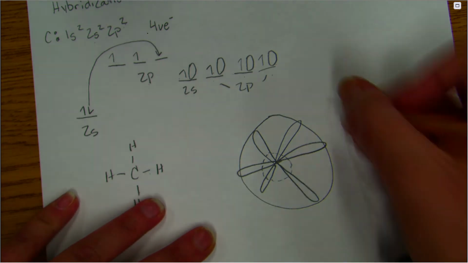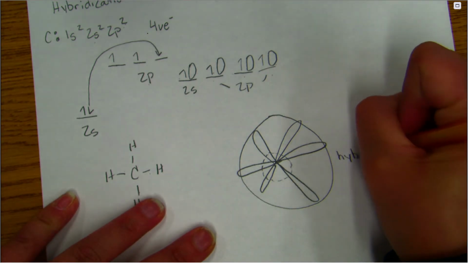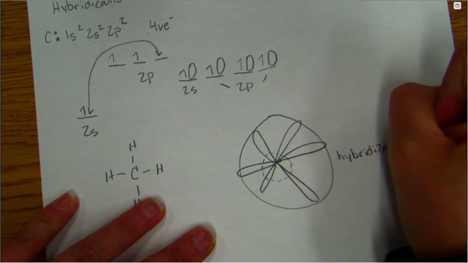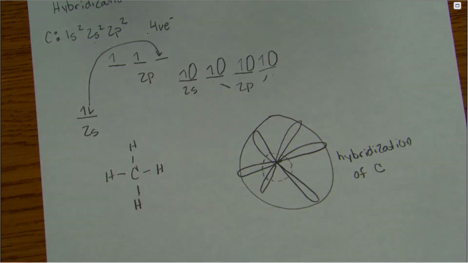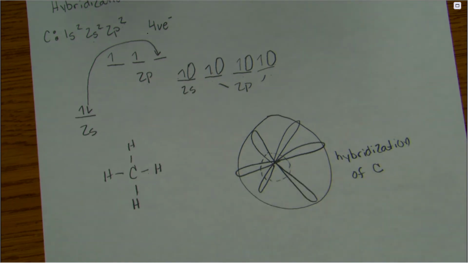So here's my hybridization of carbon. We have an overlapping of the 2s and the 2p.